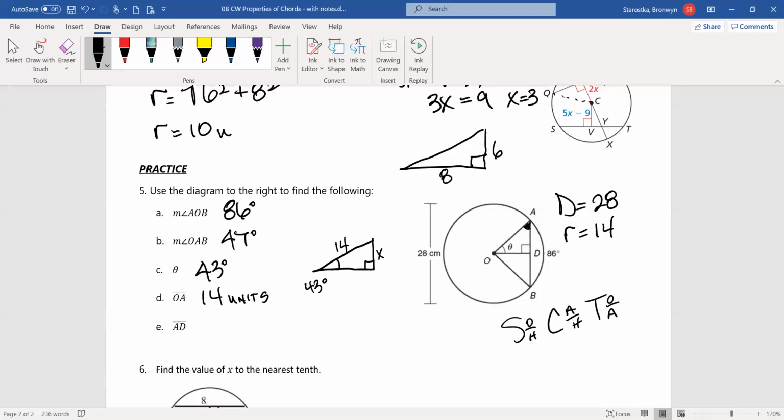So that's sine. Sine 43 degrees equals x over 14. Plug it in, we'll go ahead and round to the nearest tenth. And so AD, which is x here, is 9.5 units.